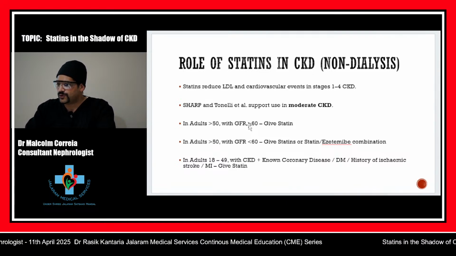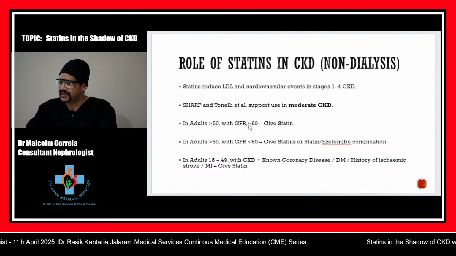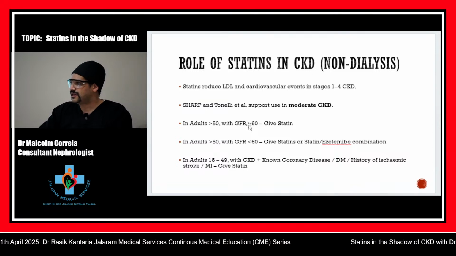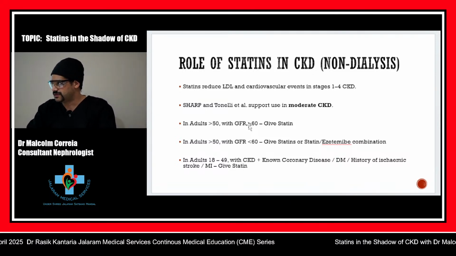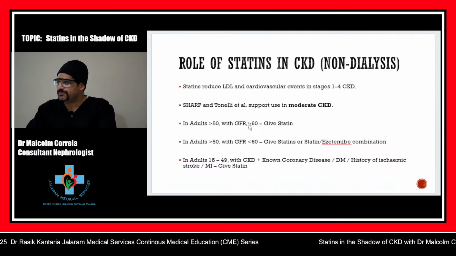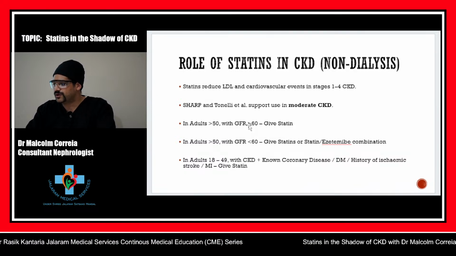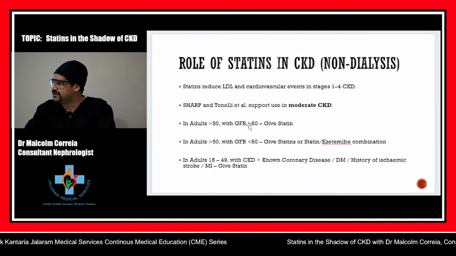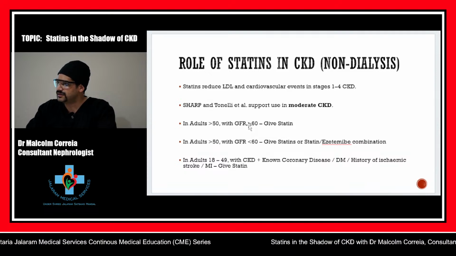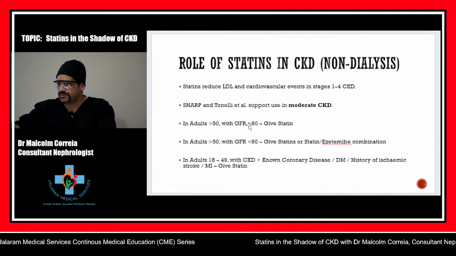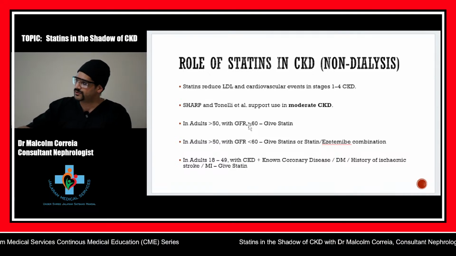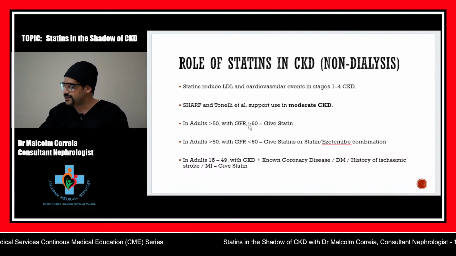Those above 50 with a GFR less than 60 should have a statin with ezetimibe combination, okay? So it basically puts you in a higher intensity risk group, and that's how your statin increment will be given.